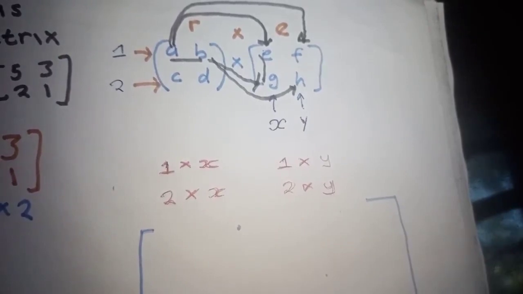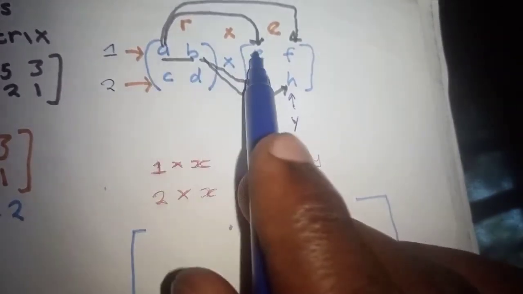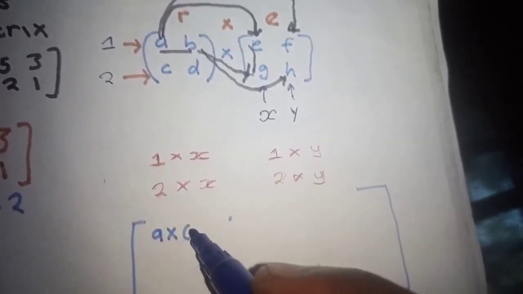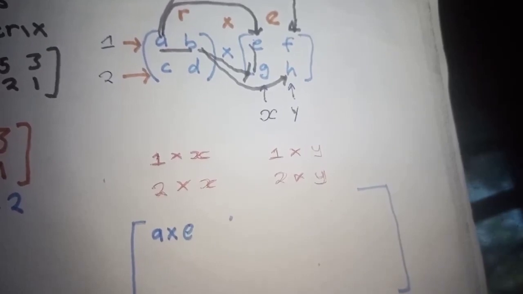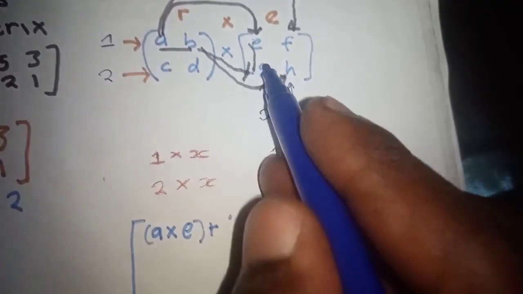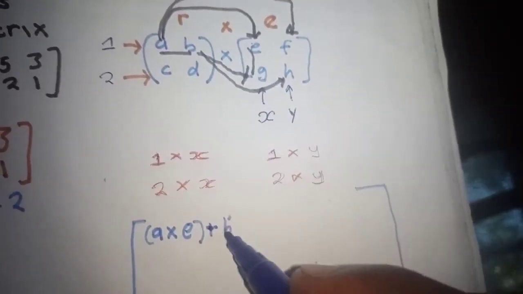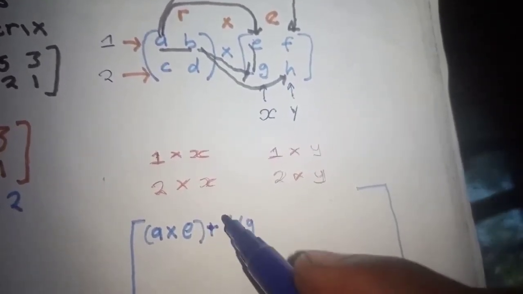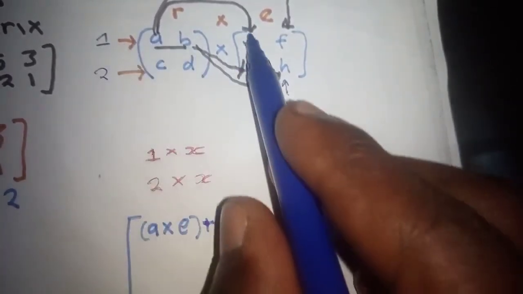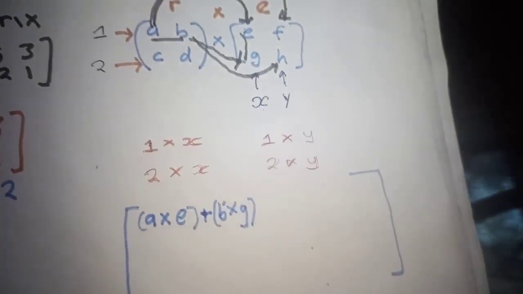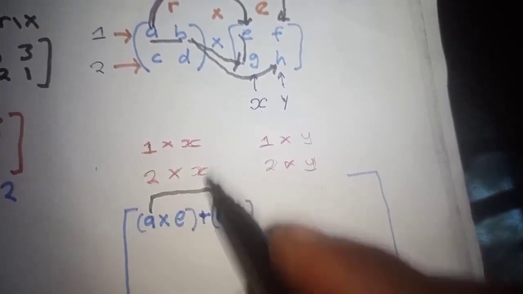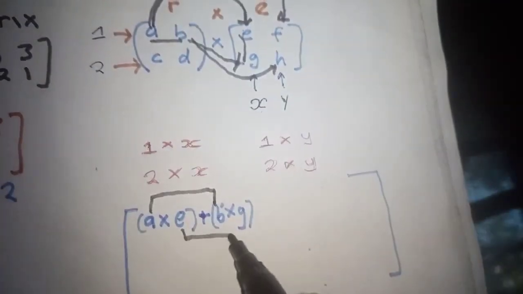Let's write what we are saying. A will multiply with E. You put this in brackets, plus B multiplied with G. So here you have multiplied row number 1 and column X. Make sure that here you go back to AB and here you go back to EG.